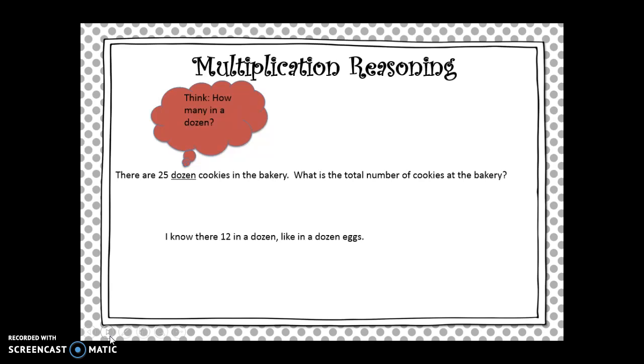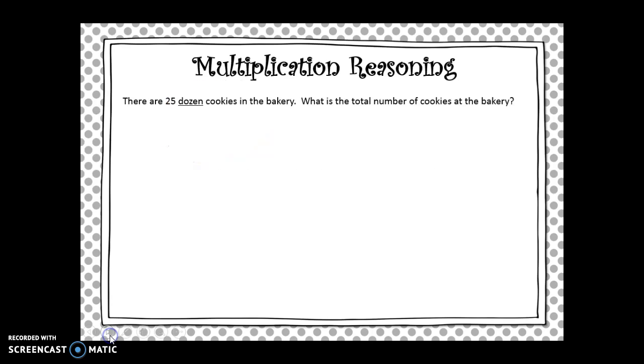I have 25 dozen cookies at the bakery. My equation would be 25 times 12. Remember, there are 25 dozen cookies, and I know that there are 12 in each of those dozen.